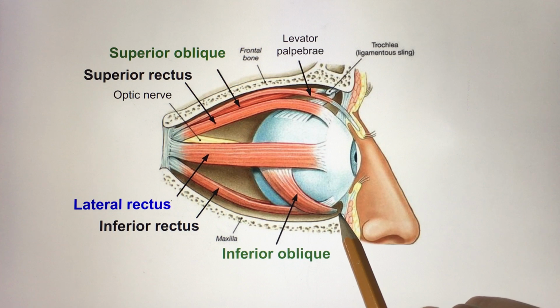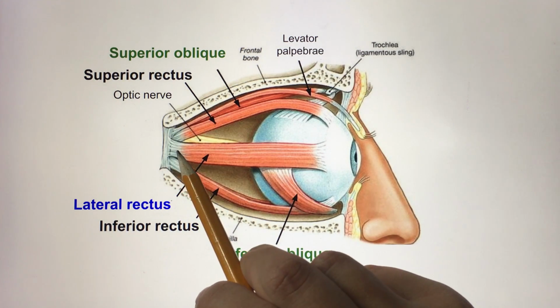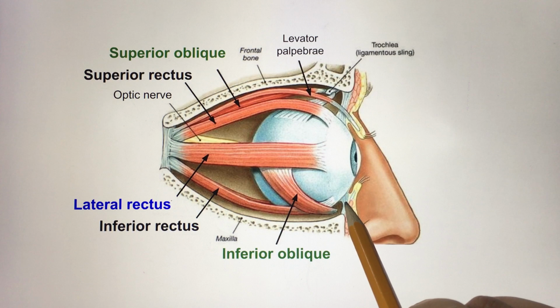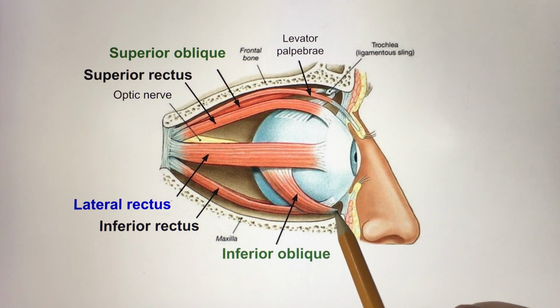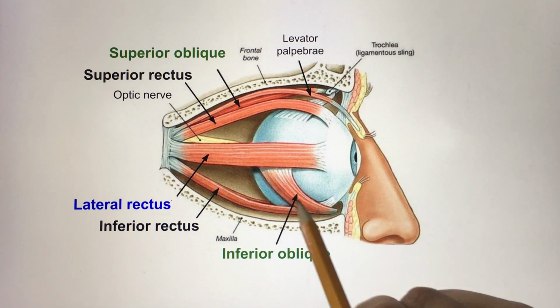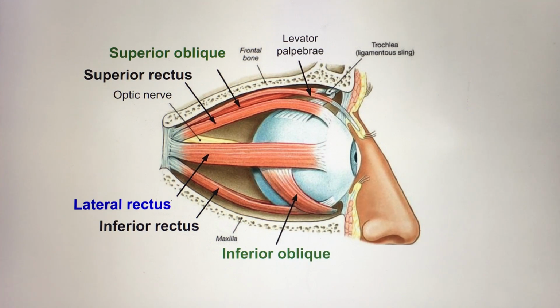So it doesn't connect to the back of the eye socket like the rest of the muscles do, but instead it connects to the eye socket under the eyeball on the medial side, the inferior oblique muscle. And this muscle is also involved in the movement of the eyes in a circular way, so kind of like drawing circles with your eyes.